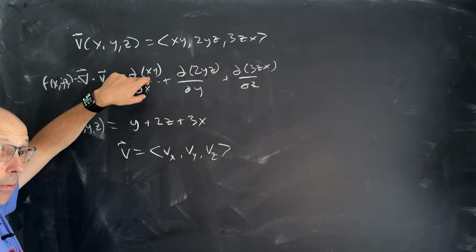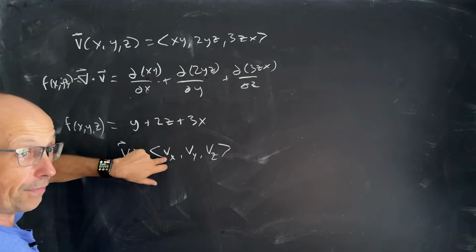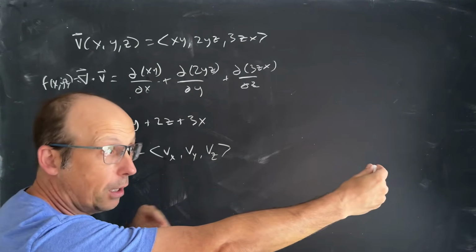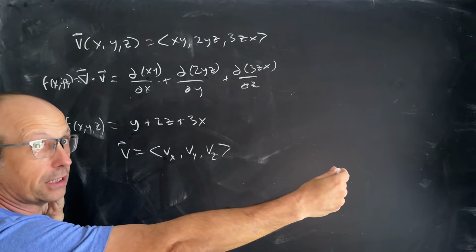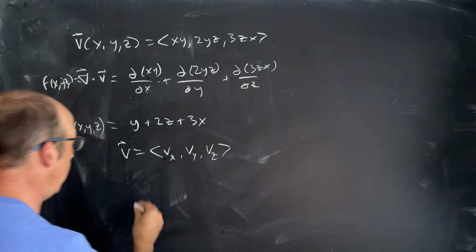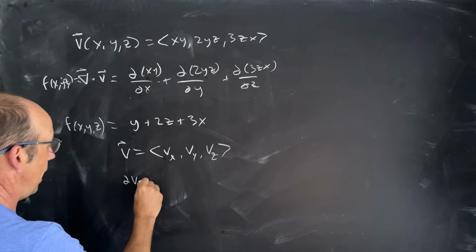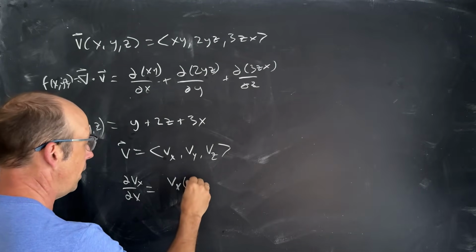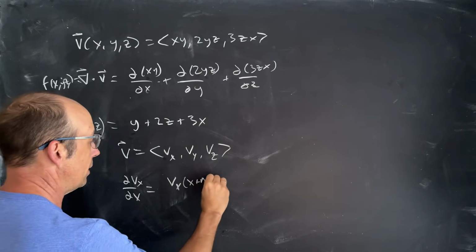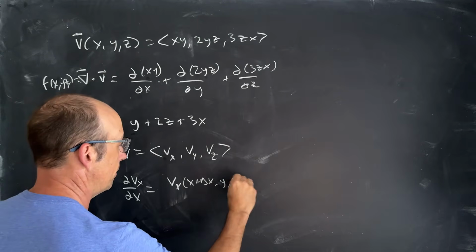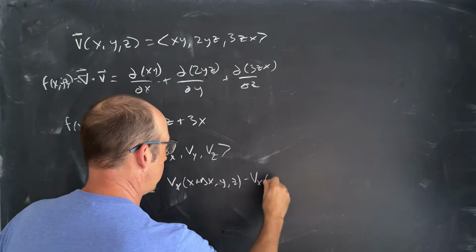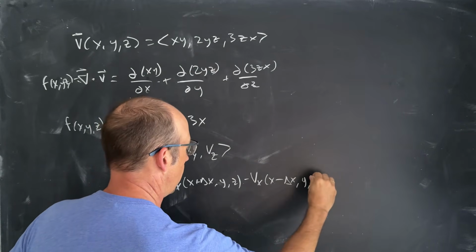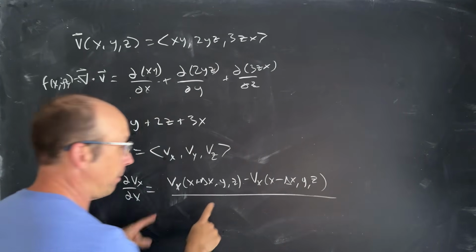Now, how do I take the partial derivative of this with respect to x? If that's a function of x, y, z, what I can do is move it forward a little bit, move it back a little bit, and see how it changes and divide by the change, right? So I can say the partial of vx with respect to x is going to be equal to vx of (x plus delta x, y, z) minus vx of (x minus delta x, y, z), and then I have to divide that by my interval.